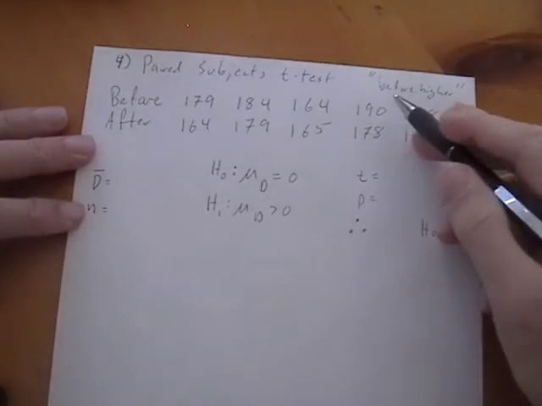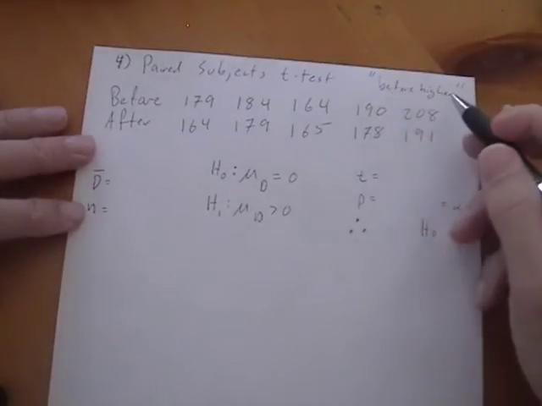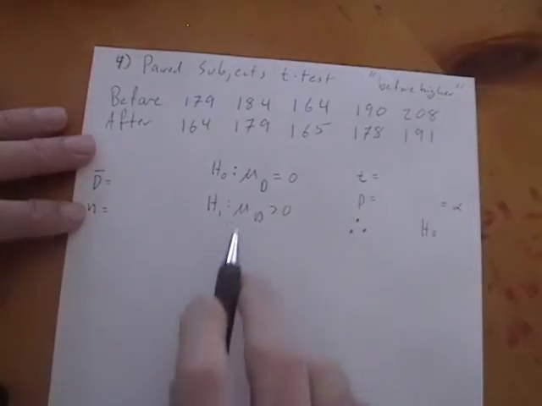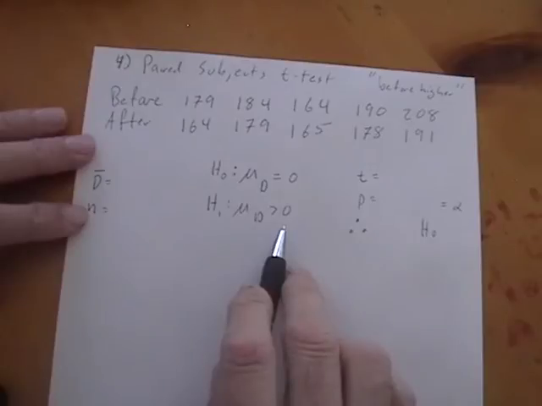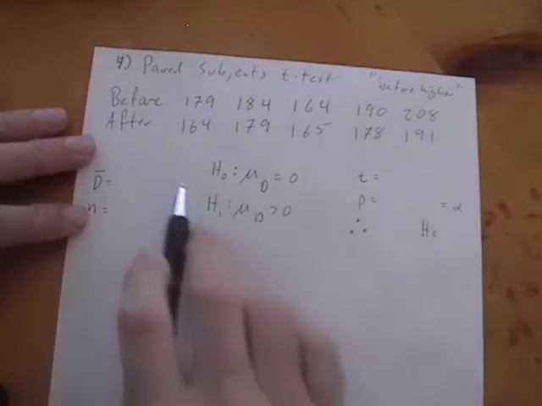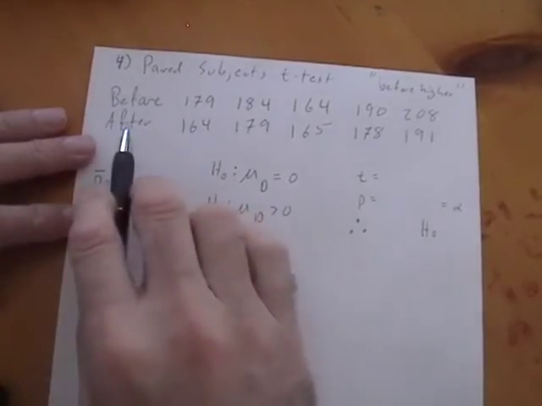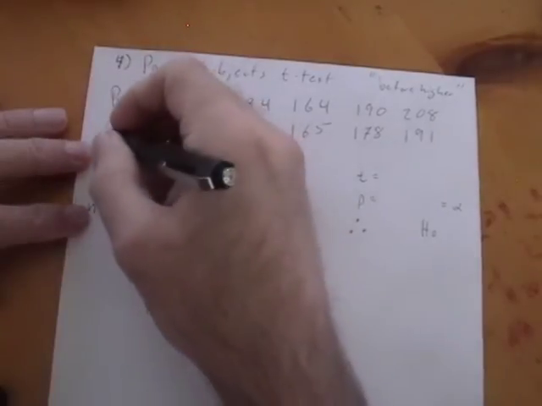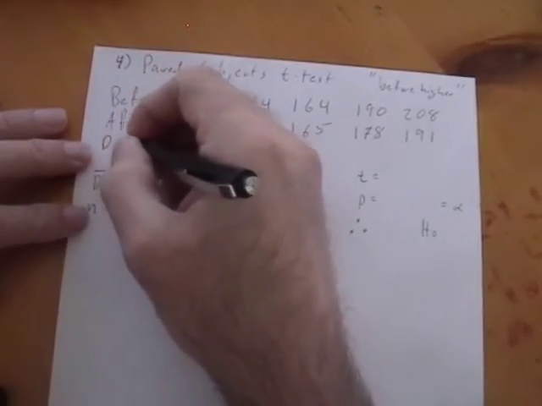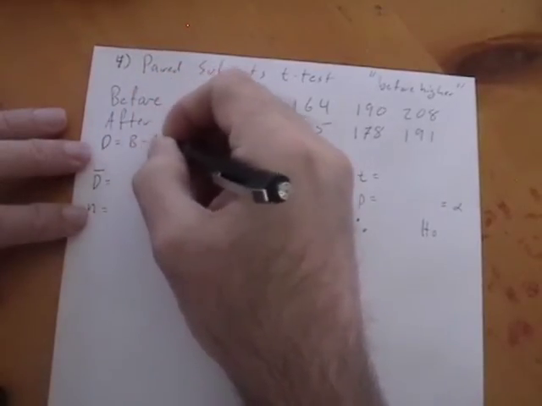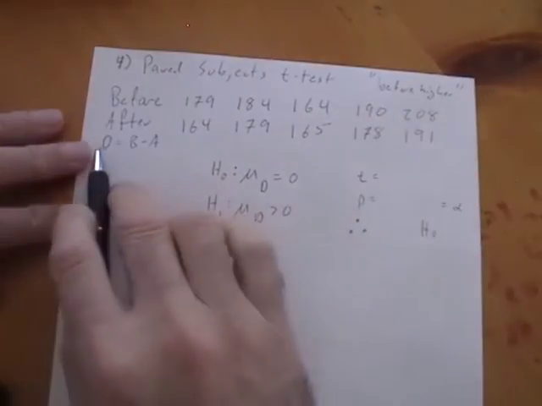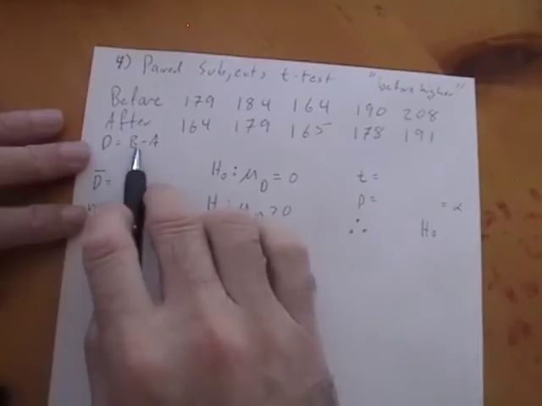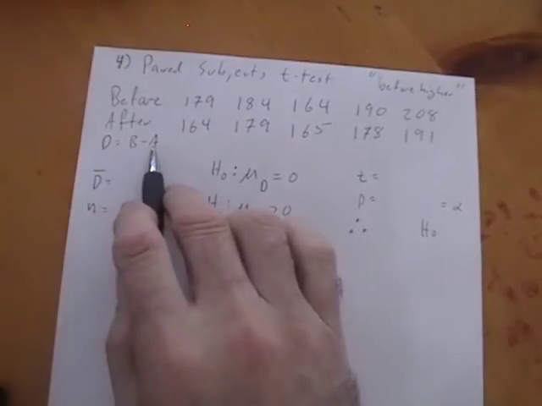So in this case, suppose that the claim is that the before score is higher. Now, over here, you'll notice I want to turn it into a positive number. So if before is higher than after, I'm going to let D, the difference, be before minus after. If I thought that after was higher, then my difference would have been after minus before.